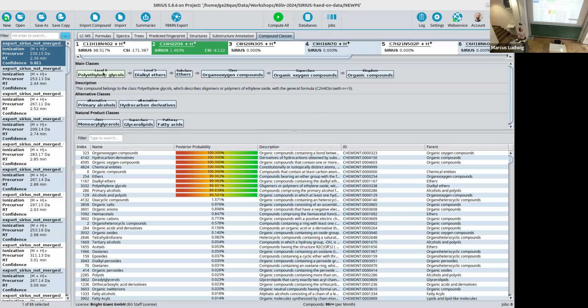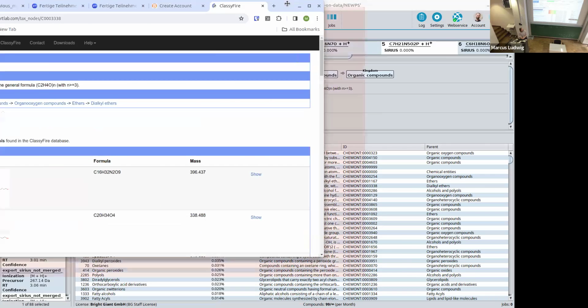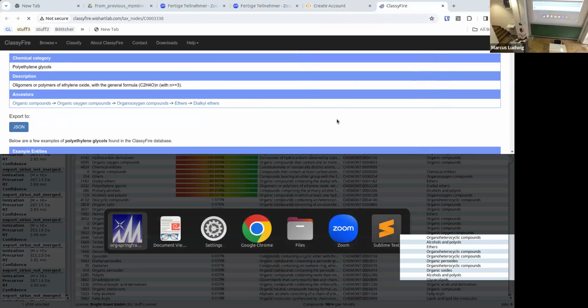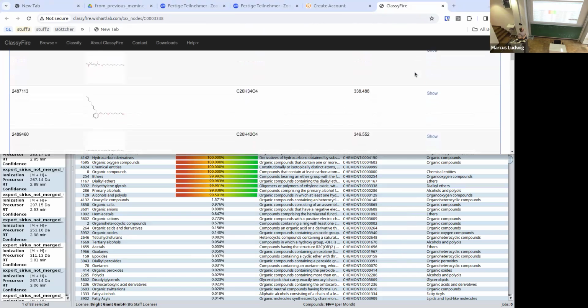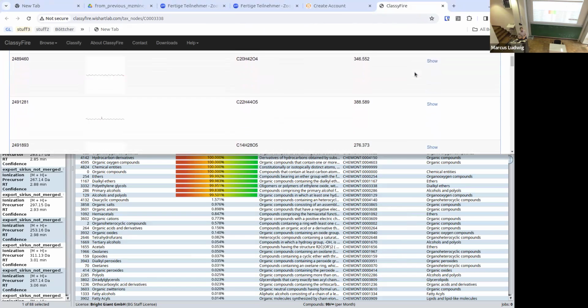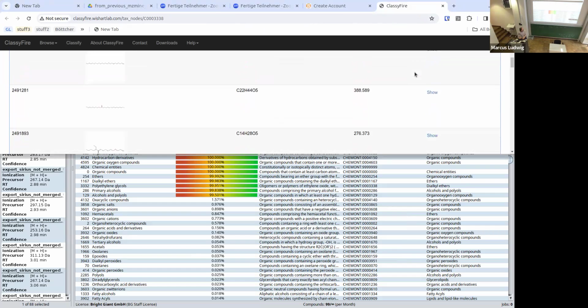It gives you a main class, but also all the other levels. If you don't know what it is, you can just click on it, because I'm not a chemist and I usually don't know what is standing there. Then you are linked to the classifier website, and it gives you some idea of how a compound should look if it is part of this class.